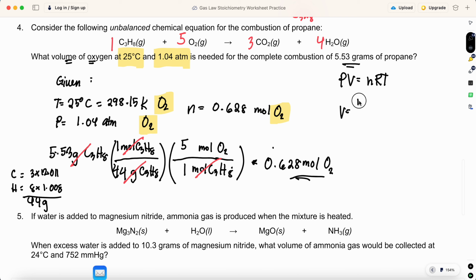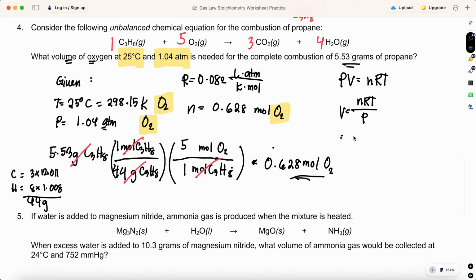Therefore, we have V equals nRT over P. And it should be noted that since the pressure is in atm, the ideal gas constant is 0.0821 L·atm over K·mole.